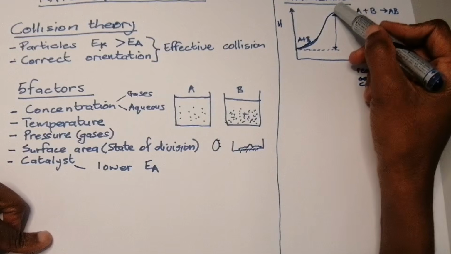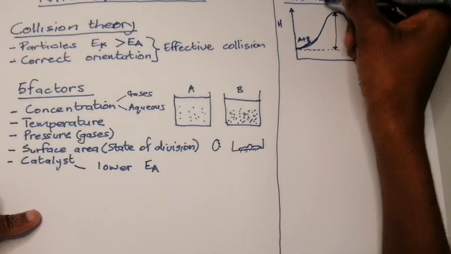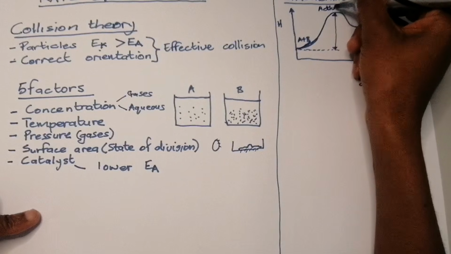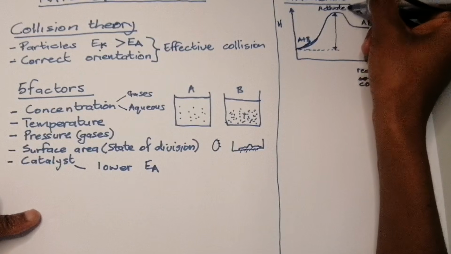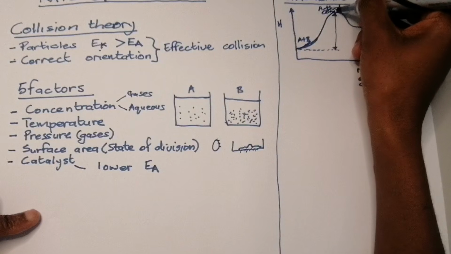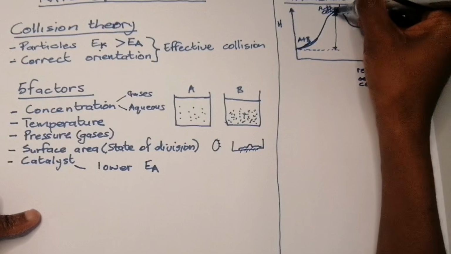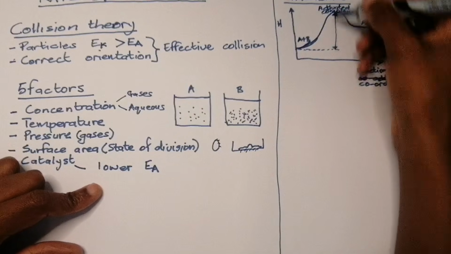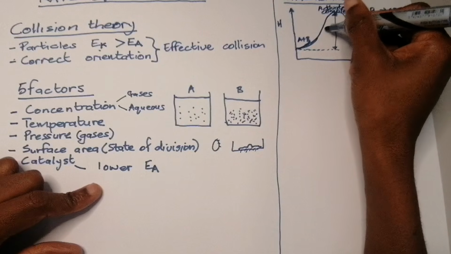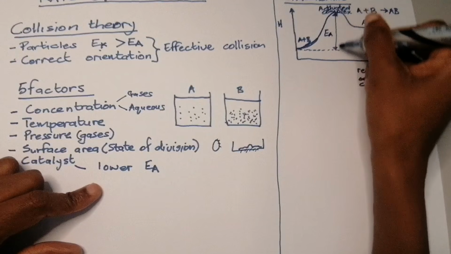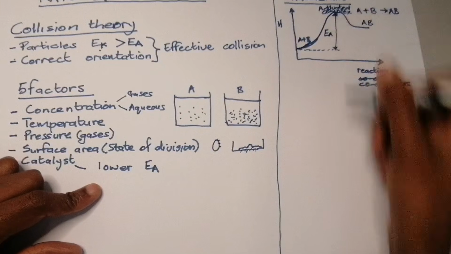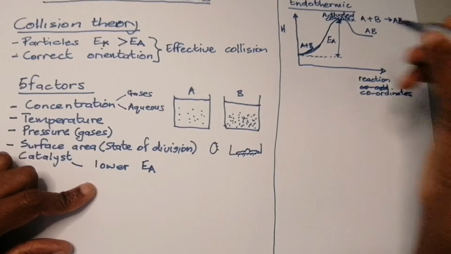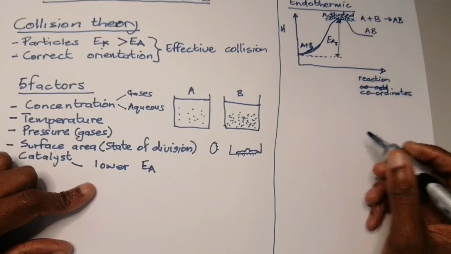So we call it the activated complex. In order to get there, we need to put in a high amount of energy. So this is the activation energy for the forward reaction. For an endothermic reaction, a high amount of energy is required, isn't it?